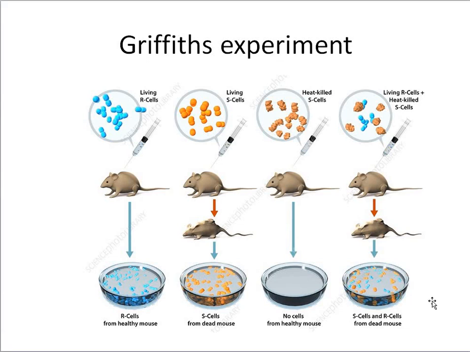So from this experiment, Griffith concluded that there is something in these dead S cells that could enter the R cells, and the R cells were then transformed into S cells.